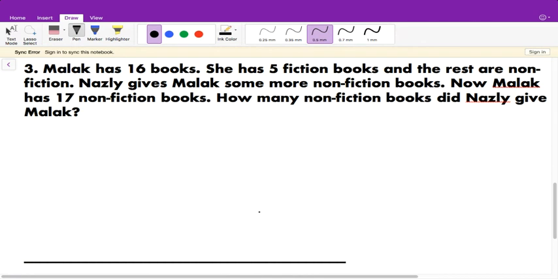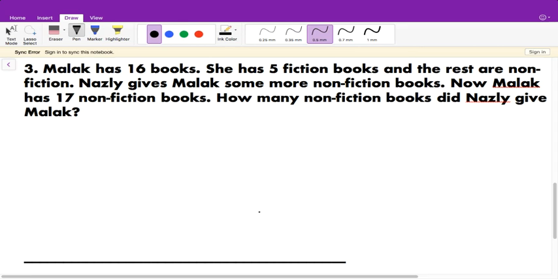Okay, number 3. Malik has 16 books. She has 5 fiction books, and the rest are nonfiction. Nasli gives Malik some more nonfiction books. Now Malik has 17 nonfiction books. How many nonfiction books did Nasli give Malik?